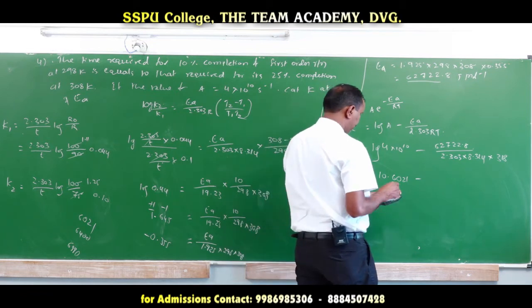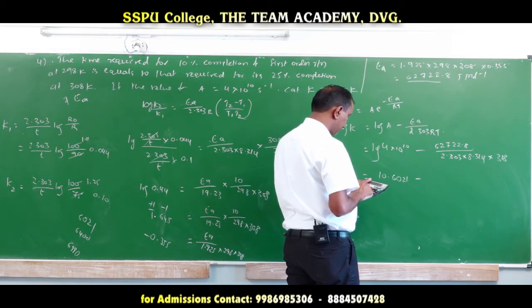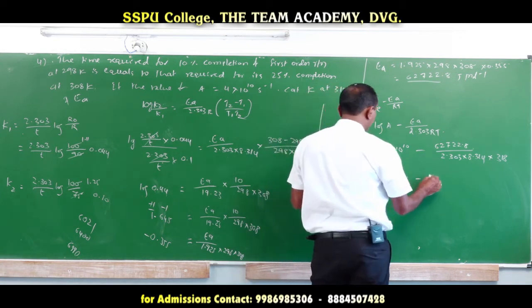Minus 62722.8 divided by 2.303 divided by 8.314 into 318.